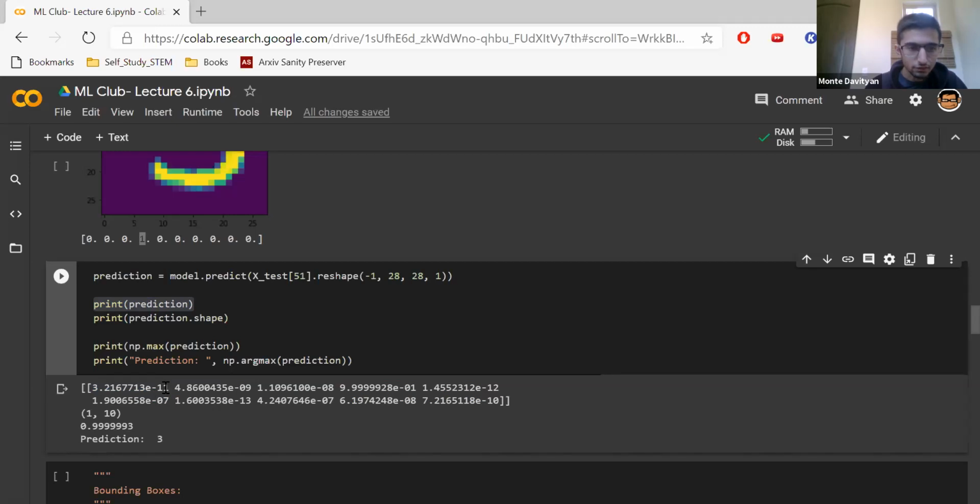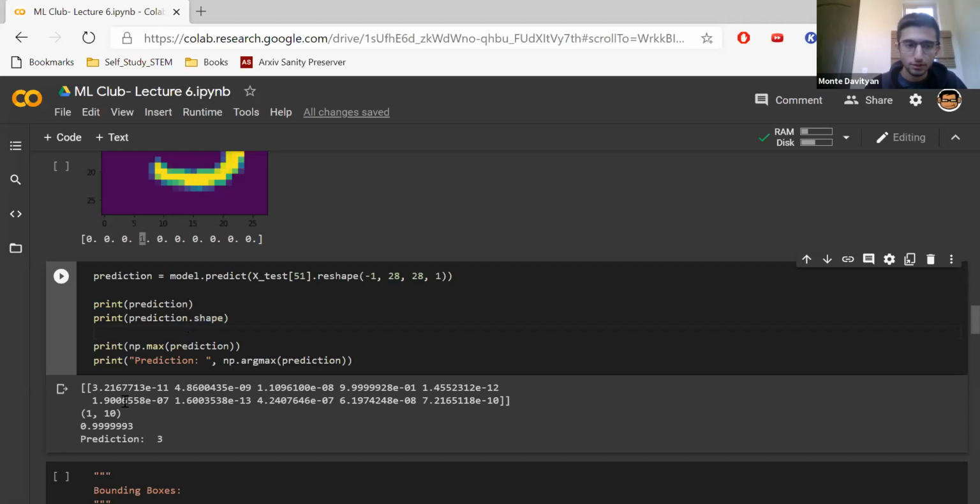It's e to the negative something, it's basically 0. Same with 1, same with 2, not same with 3. E to the negative 1 is 0.99, which is almost 100%, right? 99% or 0.99.